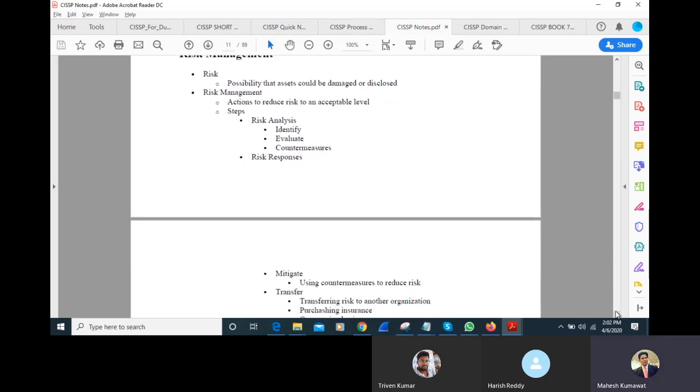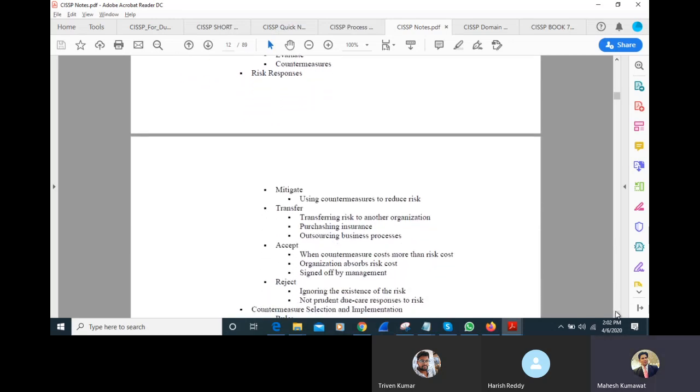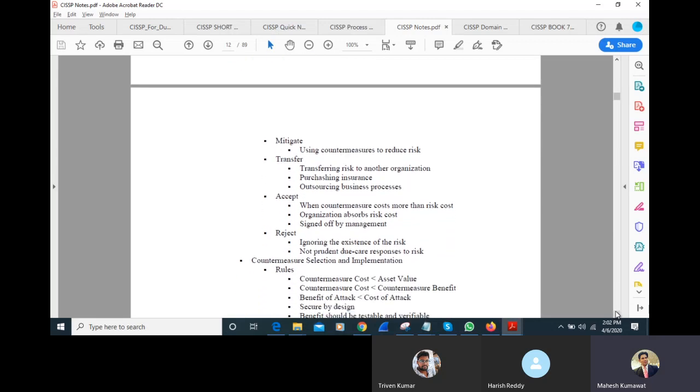Then come the risk responses. In the risk responses, we have to decide what we are going to do. We have 4 options available for risk responses. Suppose an information security risk is present at the company. Then they can mitigate the risk. What does it mean? Using countermeasures to reduce it. They will provide some countermeasures. Suppose you find some DDoS attacks, so you can purchase a firewall and enable IDS and IPS.